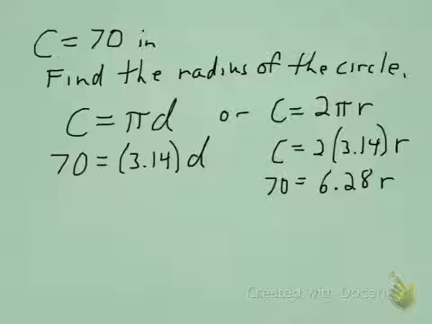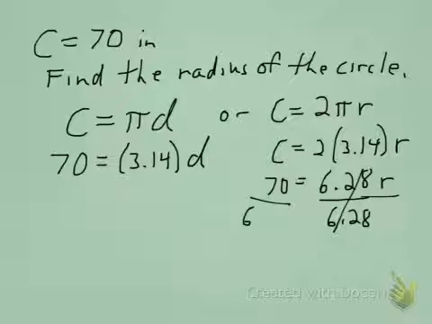You will now just divide by the 6.28. And you should get 11.1 for your radius. Now if I asked for the radius and the diameter, well, this is the radius, and you know from yesterday you would double that to get your diameter.